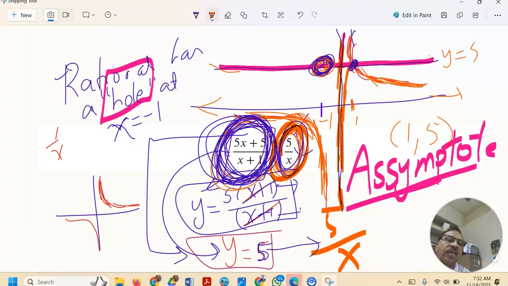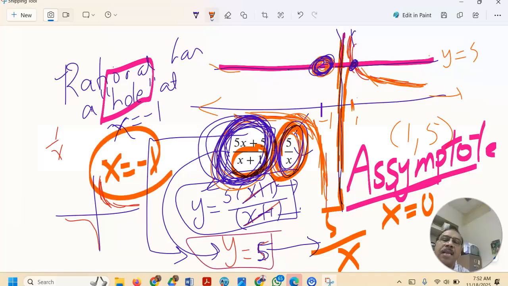That's why we say x equals 0 is the vertical asymptote. But on the left side, some students think, why not -1? No, because the top one also has x plus 1, so they get crossed out. When they cancel, there is no vertical asymptote at x equals -1. I hope that helps.